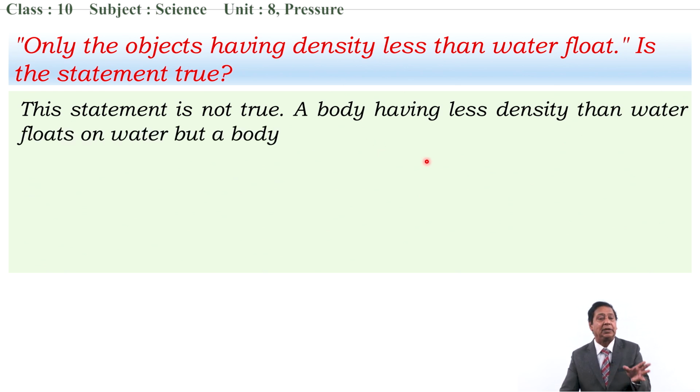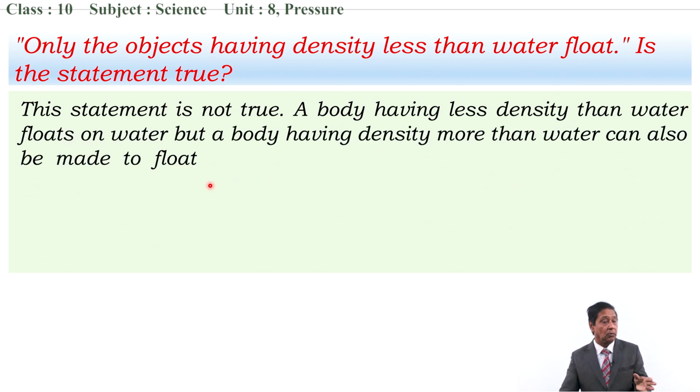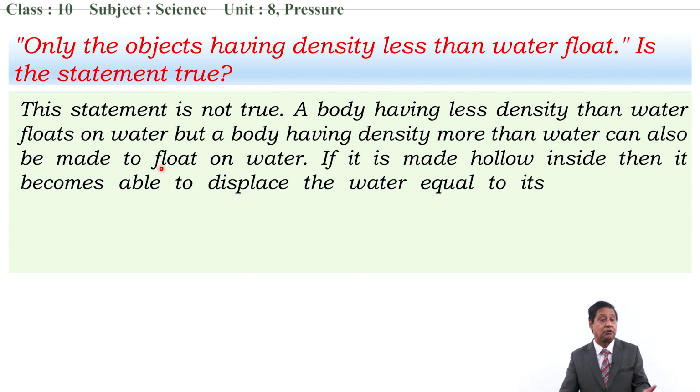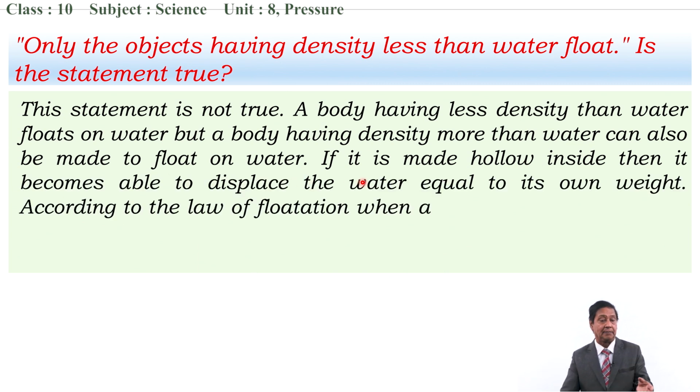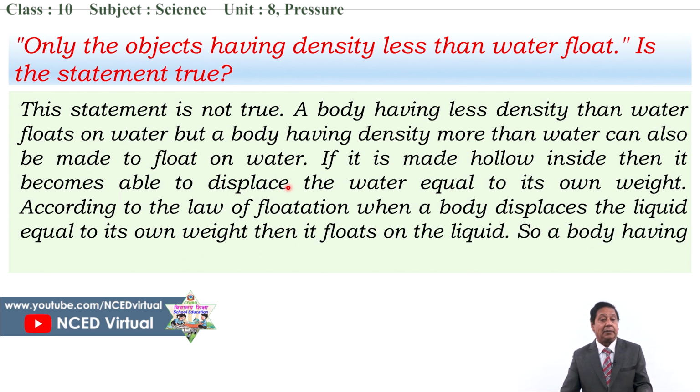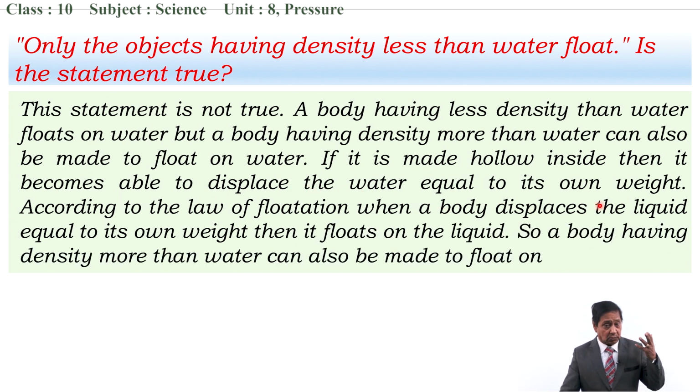A body having less density than water floats on water, but a body having density more than water can also be made to float on water if it is made hollow inside. Then it becomes able to displace water equal to its own weight. According to the law of flotation, when a body displaces liquid equal to its own weight, then it floats on the liquid.